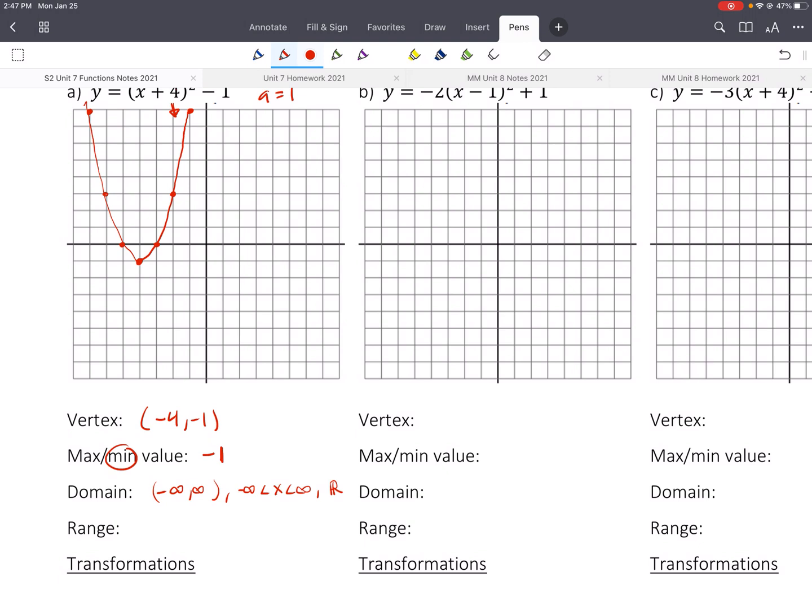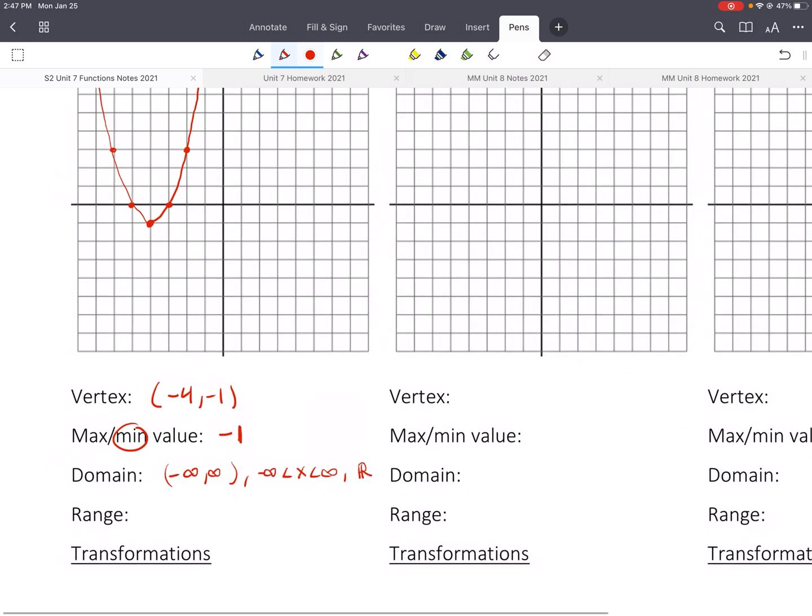Range is all possible y values. I'd like you to write it in inequality notation because on future lessons we will be using that a lot, okay, instead of using interval notation. So here we want to write it using less than or equal, or greater than or equal.